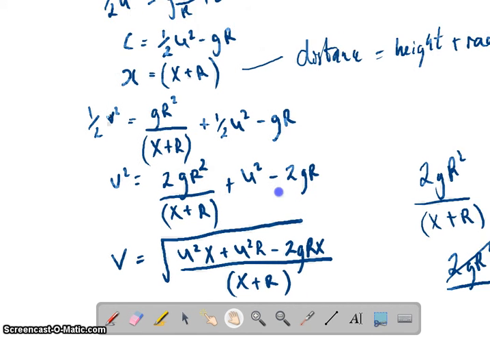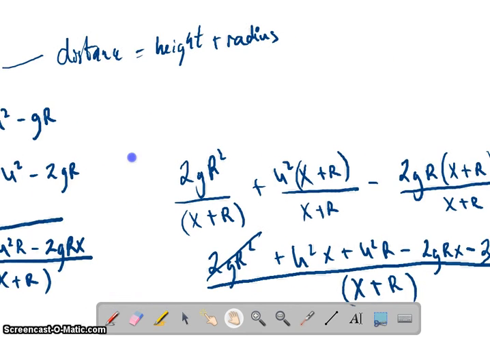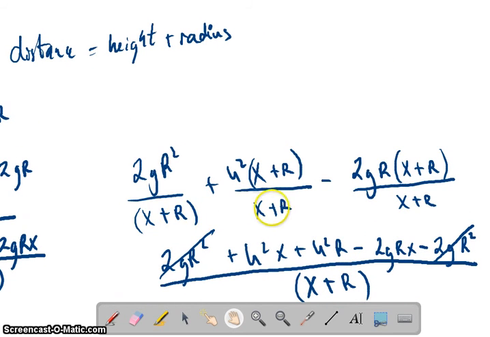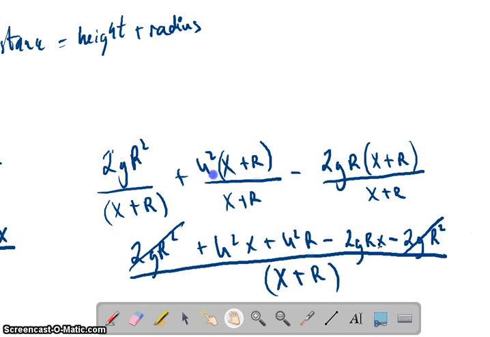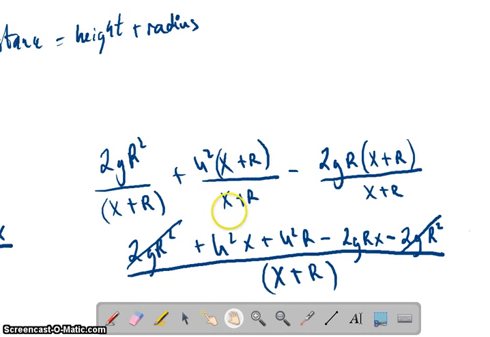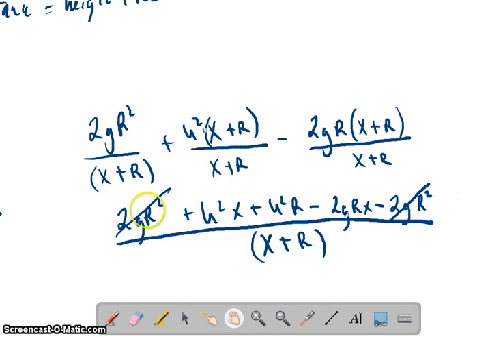We need to simplify this, so to simplify it, just multiply everything by X plus r. Everything's multiplied by X plus r that wasn't already over X plus r. Expanding out the brackets, a couple of things cancel, so this stays the same. u squared X plus u squared r, take away 2grX, take away 2gr squared, so the 2gr squareds cancel.